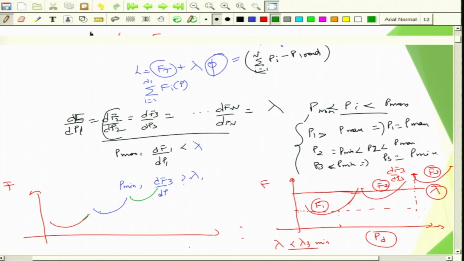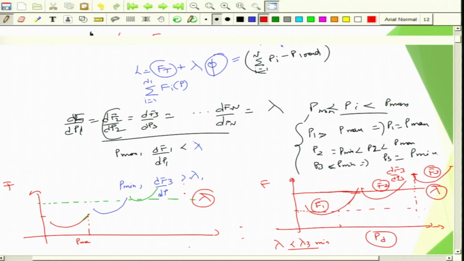Then for a specific combination you are getting lambda as something like this, this is the lambda. Then what is happening, you need to operate this, this is P maximum and this lambda is here.